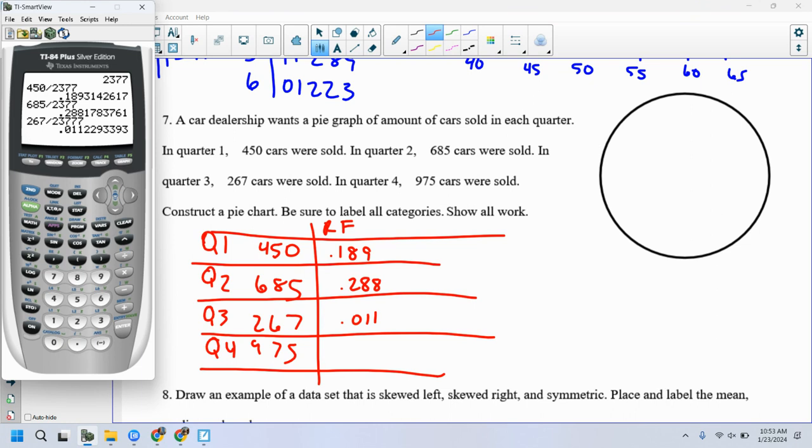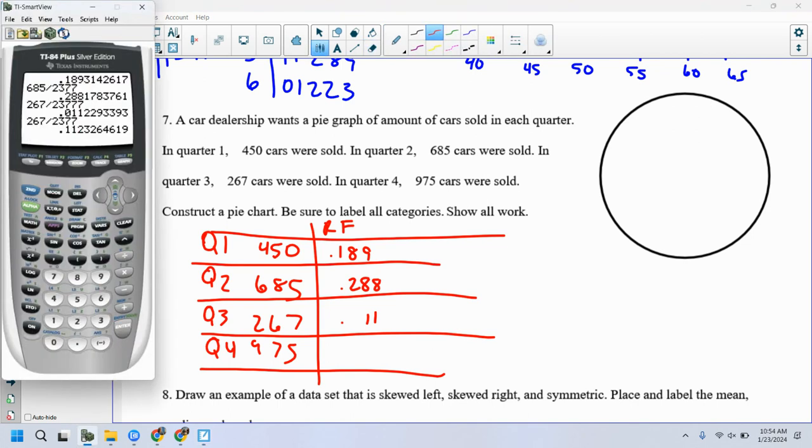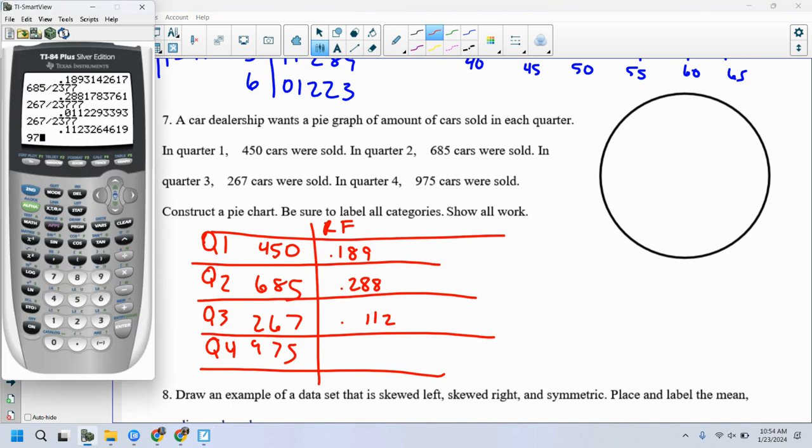I got a little 7 happy there. There we go. Let's just get that 0 out of the way. So that's going to get me 0.112, 11.2%. And then 975 out of 2377 is 0.410.